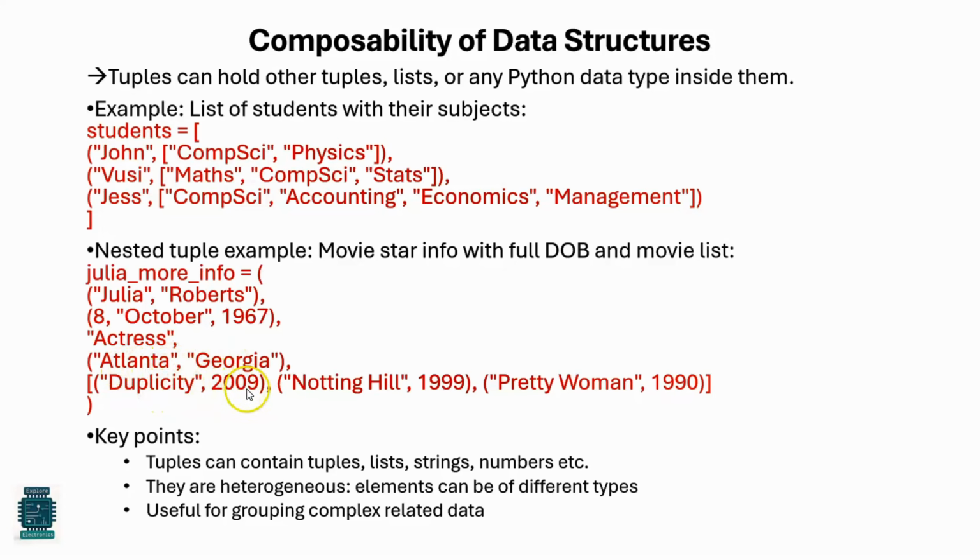Duplicity 2009, Notting Hill 1999, Pretty Woman 1990. Here we have taken the information of Julia Roberts. She was born on 8 October 1967.